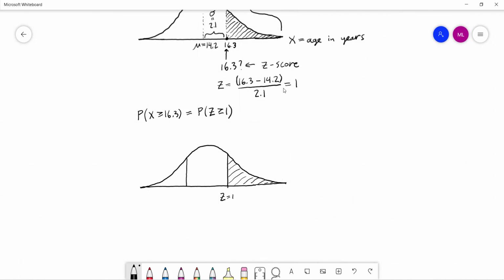But let me delete that last line I drew and draw it a little more symmetrically, hopefully. I know that this area is 0.68, right? That's between -1 and 1. And that leaves me with this combined area. If I were to shade both of these regions, the combined area must be everything that's left over.